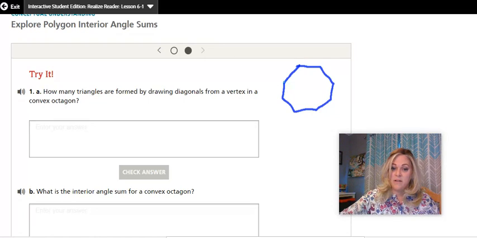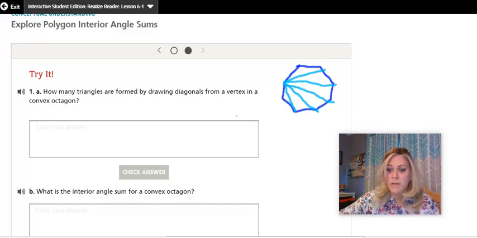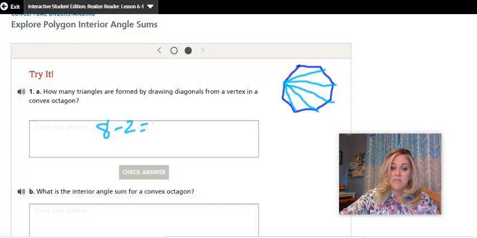From here, there's a really skinny triangle, there's another one, and I'm hoping you can see them all. So you have 1, 2, 3, 4, 5, 6. That rule we just talked about, the number of sides minus 2, should give you 6. There's always that difference of 2, and so you can check your answers.